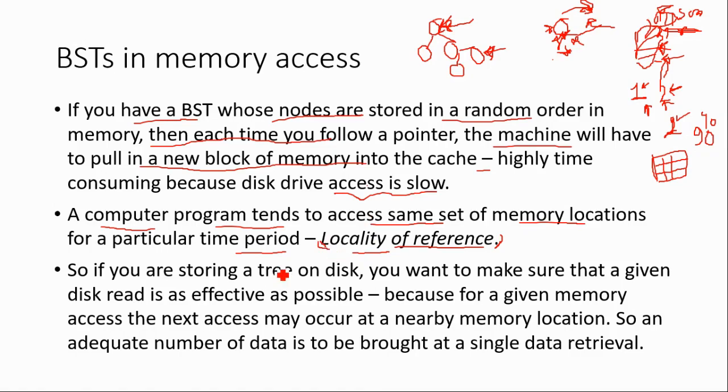So the next point just says that if you are storing a tree on disk, meaning a tree data structure, you want to make sure that a given disk read is as effective as possible. So if we have fetched or borrowed some data from the secondary memory, then you must do it in such a way that you can make maximum utilization of that access.